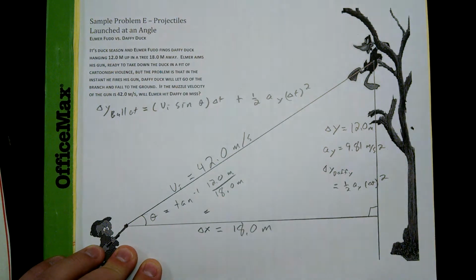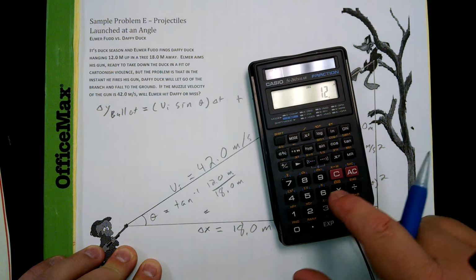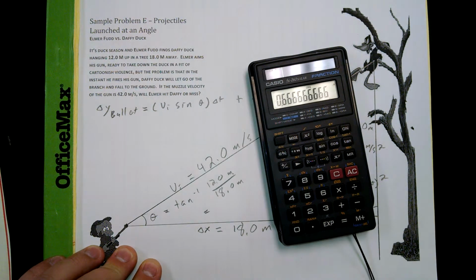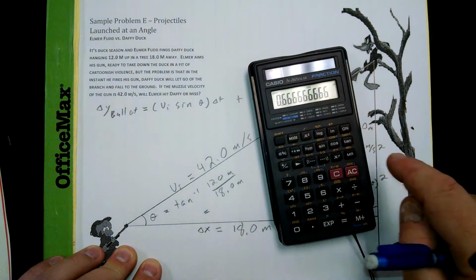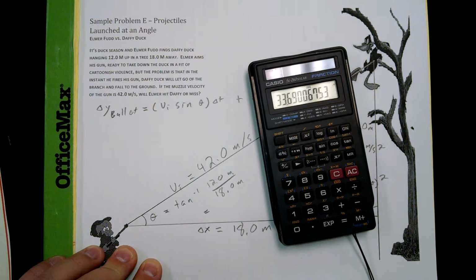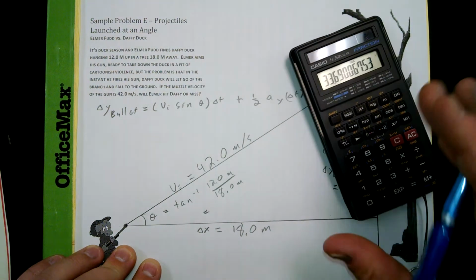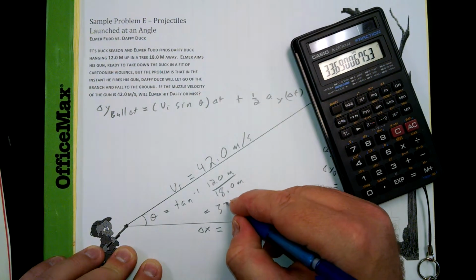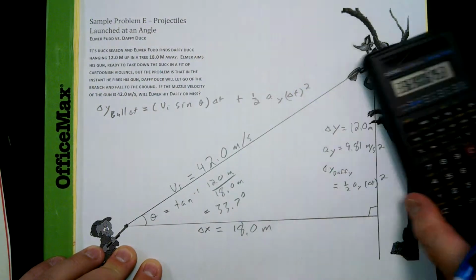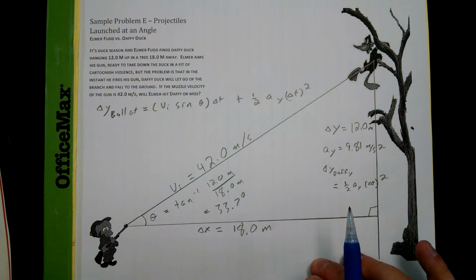Okay, let's go ahead and plug that in the calculator really quick. 12 divided by 18, so we're looking at 0.6 repeating, get the inverse tangent of that, and let's go ahead and stick with three significant figures, 33.69, which is 33.7 degrees. Okay, so we're good right there. All right, let's go on with the next part.